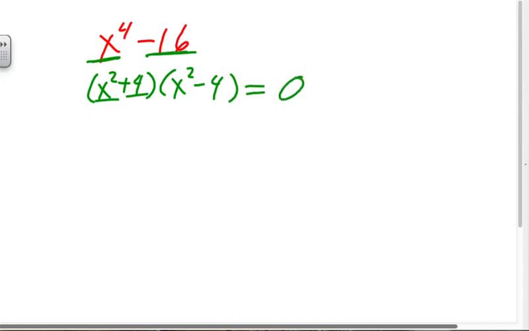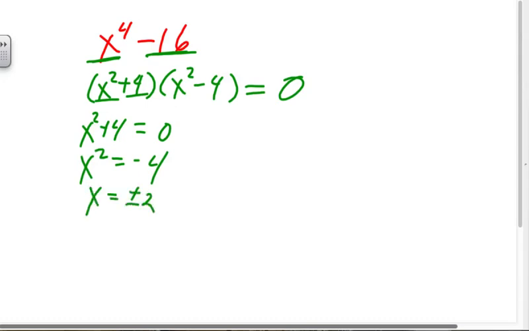Because it's a 0, I set it equal to 0. So the first thing I'm going to do is solve this guy. I have x squared plus 4 equals 0. This should look familiar. x squared equals negative 4. x equals plus and minus 2i.